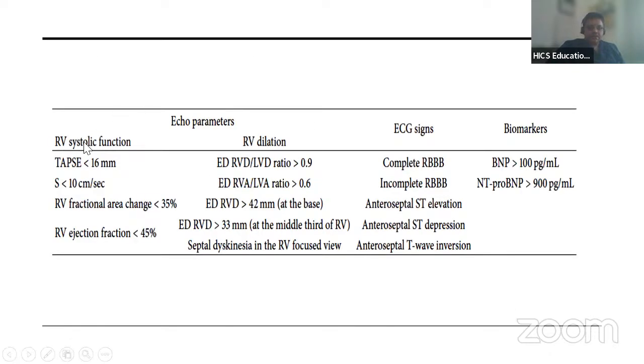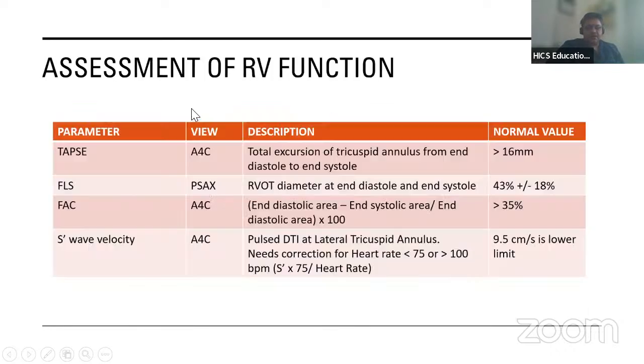RV systolic function is defined as decreased when TAPSE is less than 16, RV fractional area change less than 35%, and an ejection fraction less than 45%, and RV dilatation by the RVD-LVD ratio more than 0.9, RVA-LVA ratio more than 0.6, and end diastolic right ventricular diameter of more than 42. So all these parameters are echocardiographic parameters of right ventricular dysfunction.